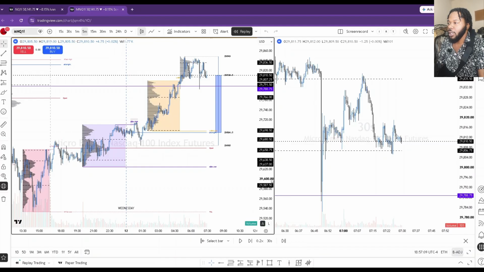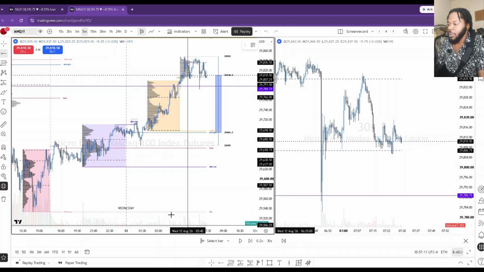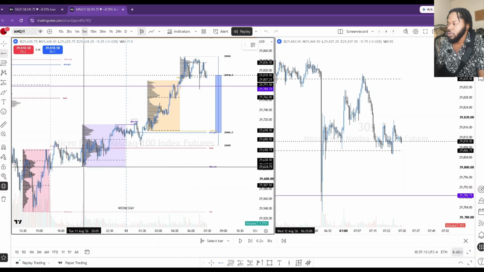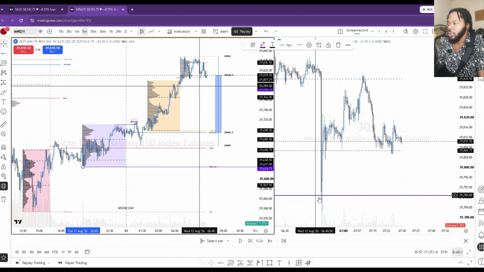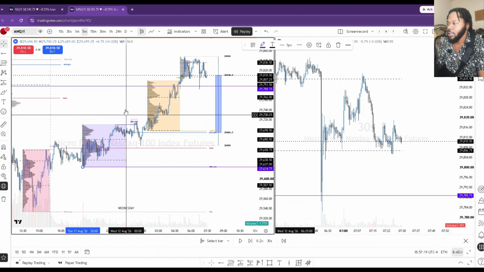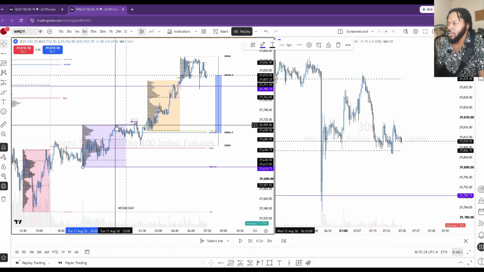Yeah, so let's go ahead and pin stuff. I pin my Asia low. Pin my Asia high. It helped to turn on the magnet, man. Magnet makes it so much easier.